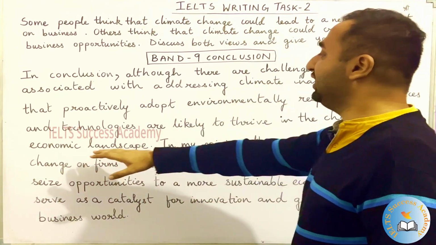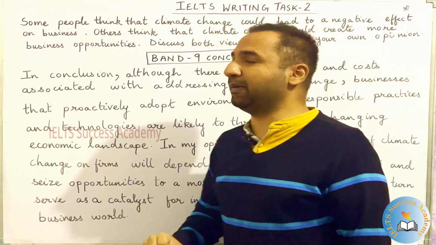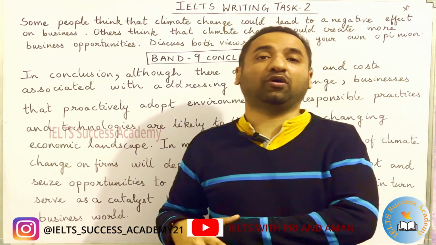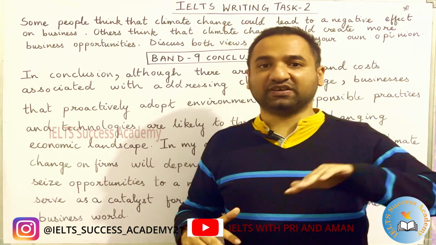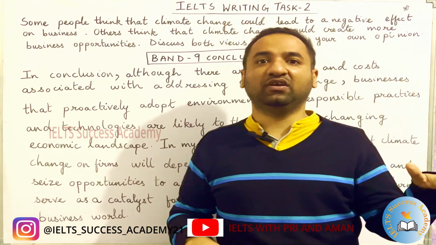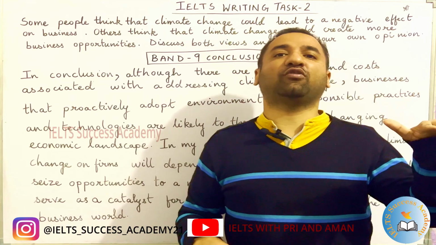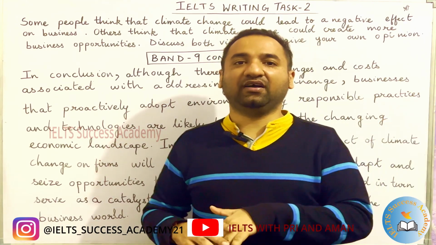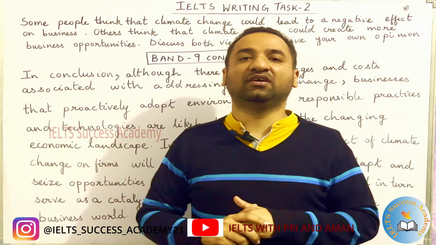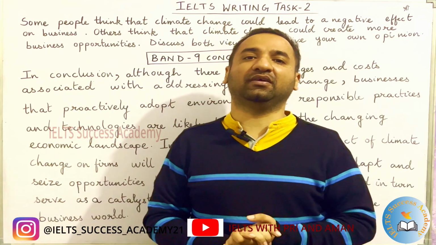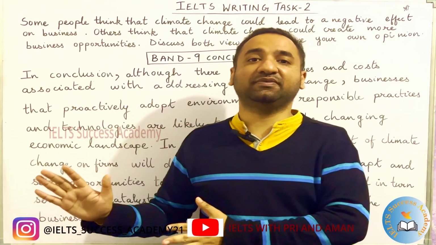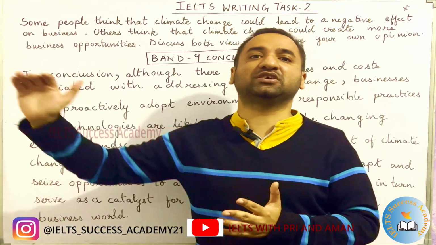In the changing economic landscape, because economies change, economies evolve, as nations evolve, economies evolve. For example, in India in the 1960s, we were a predominantly agriculture based economy, but by the 1990s we became a service based economy.